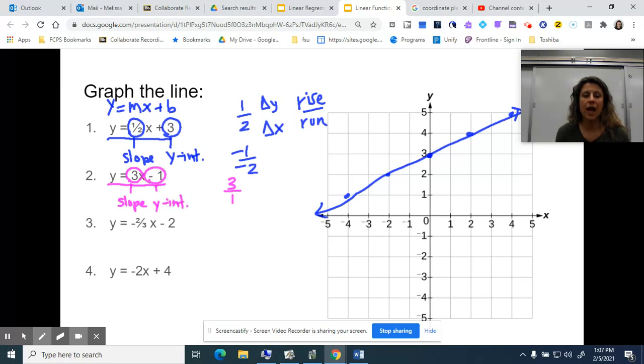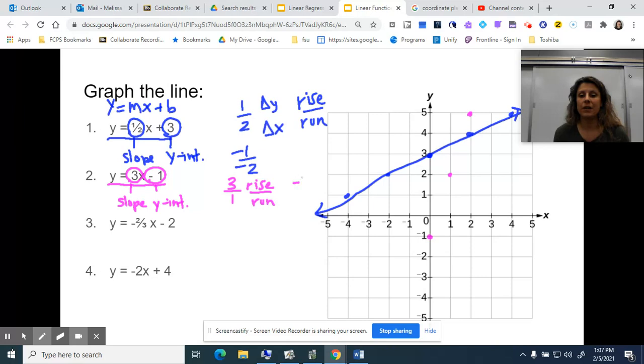Okay, so we start at the y-intercept, -1, and our slope is 3/1. So the rise is 3, and the run is 1. So I'm going to go up 3 and over 1. And again, we can continue to go up 3 and over 1.